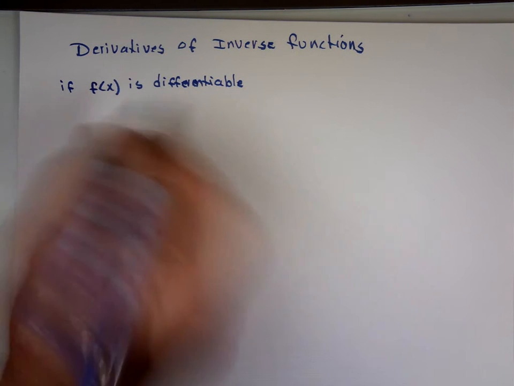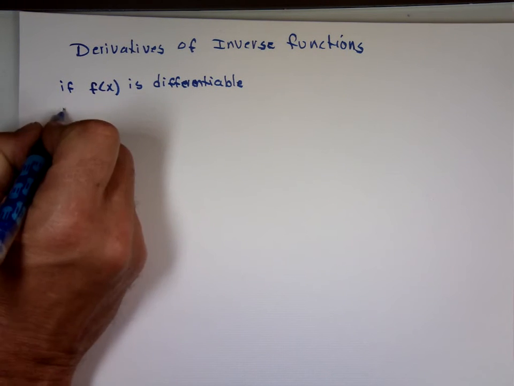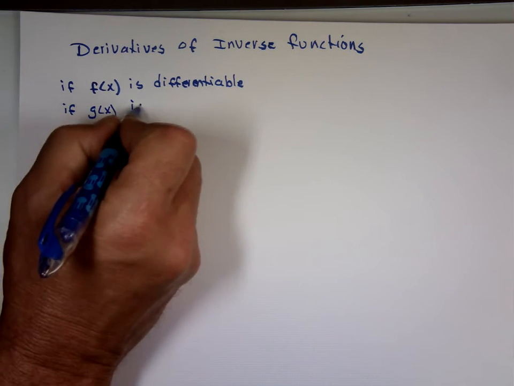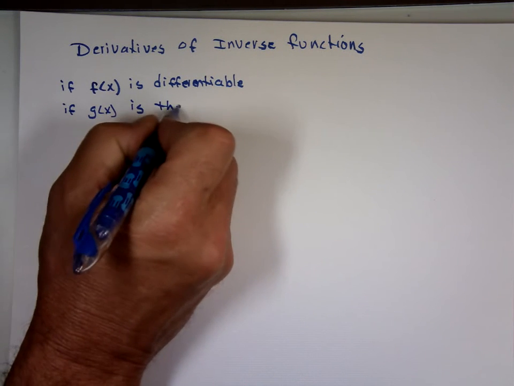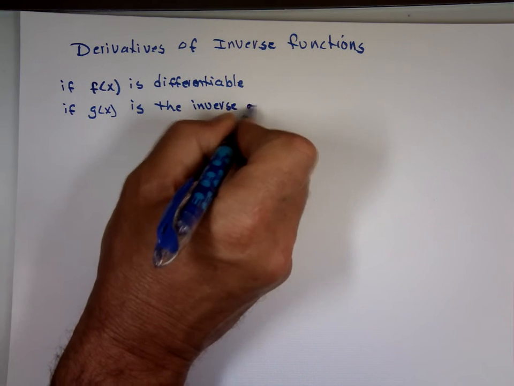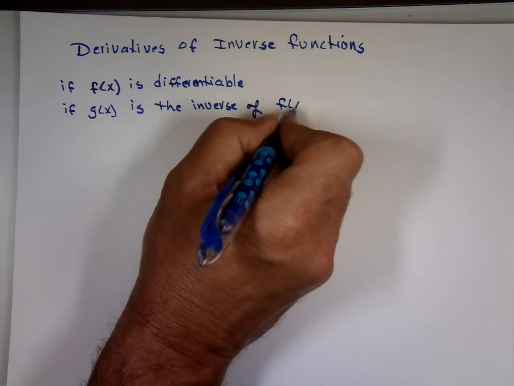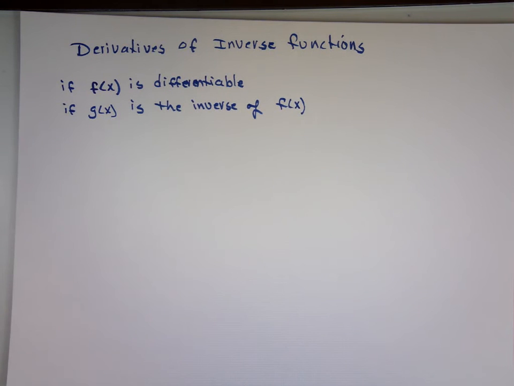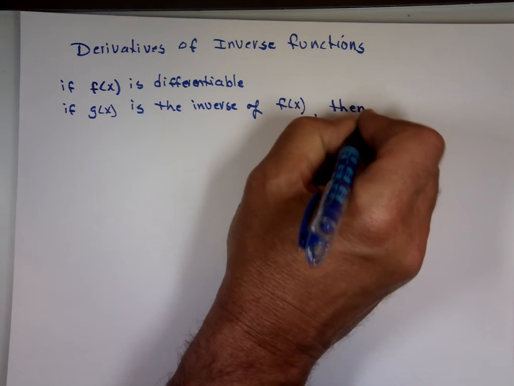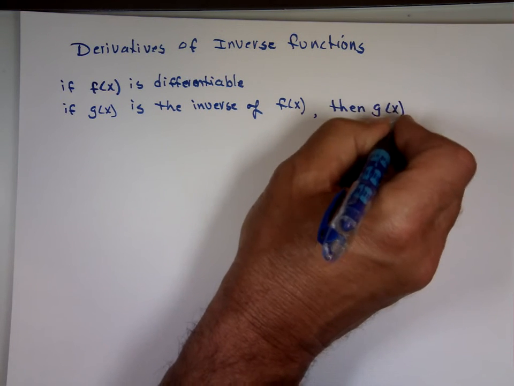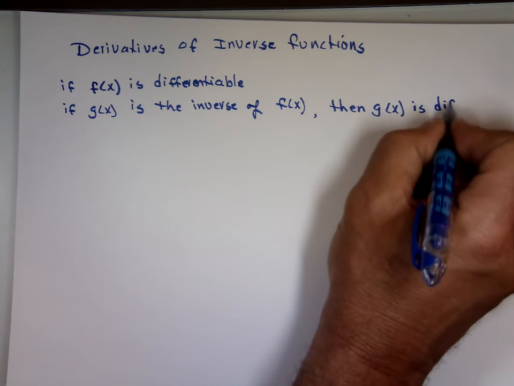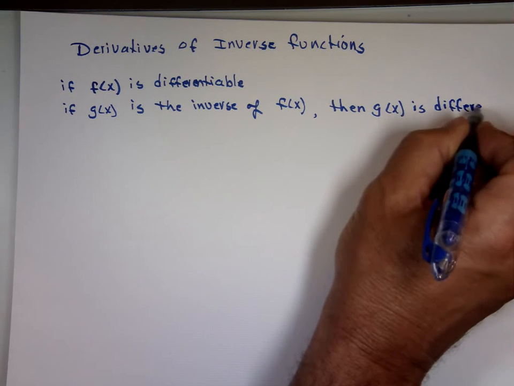If f of x is differentiable, and if g of x is the inverse of f of x, then g of x also is differentiable. You can take the derivative of that.